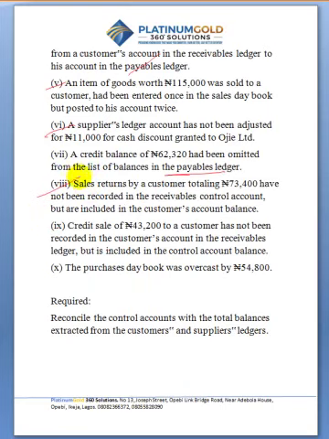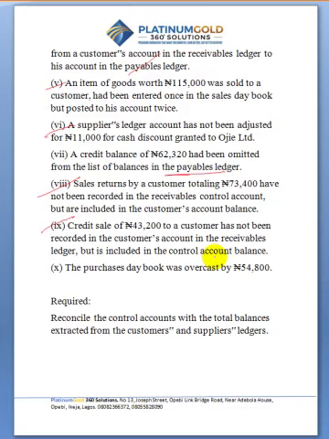These have been treated. This credit sales of 43,200 to a customer has not been recorded in the customer's account in the receivable ledger, but it is included in the control account.